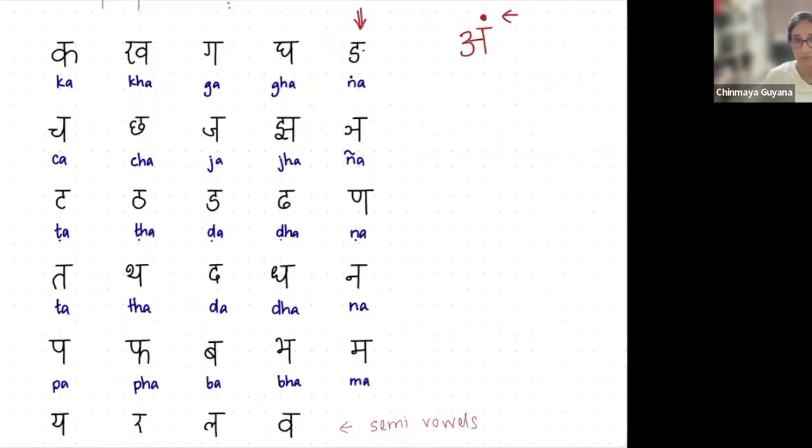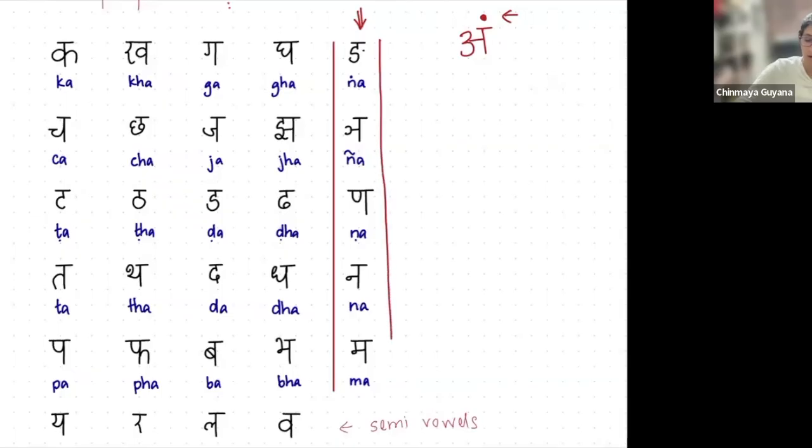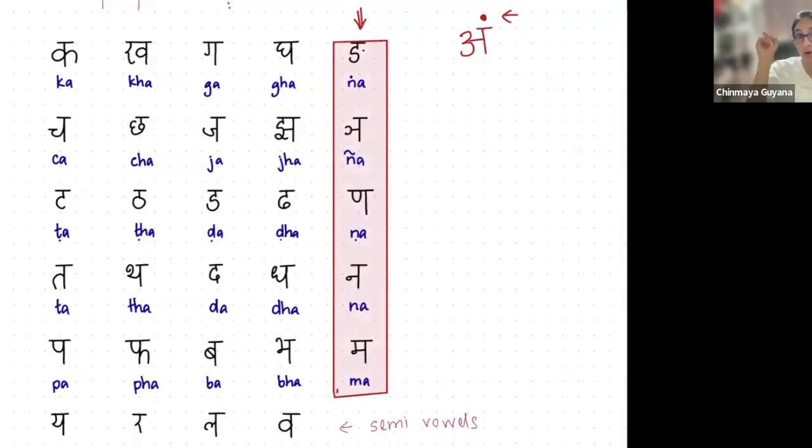Just listen first, and I'll give you a minute to write. This dot on the top, the anuswara, is a placeholder for all of the nasal sounds. This line, nga, nya, ra, na, ma, this is the nasals. So the dot, the anuswara, is a placeholder for all the nasal sounds.